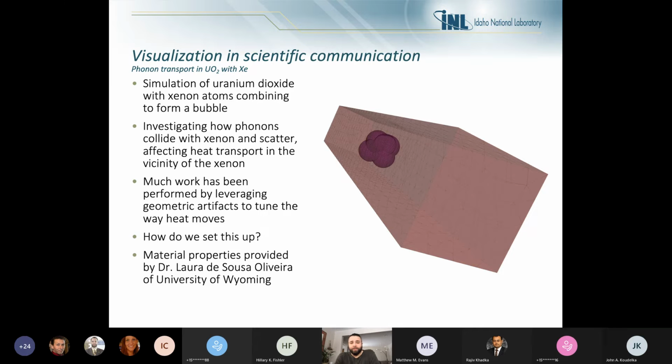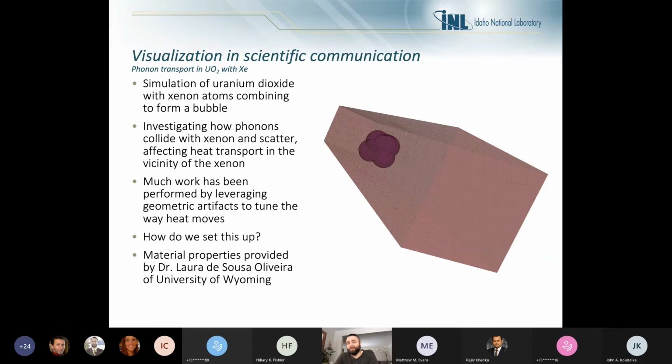The way this is set up is we assign a heat source to the backside and the front side of the uranium, and then we simulate how heat travels down the center and how the presence of the xenon affects that heat scattering.